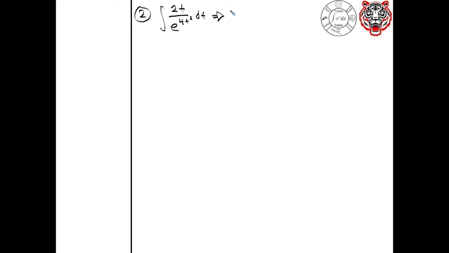So let's get rid of it by using negative exponents, and that's going to be the integral of 2t times e to the power of negative 4t squared. Don't forget our dt.